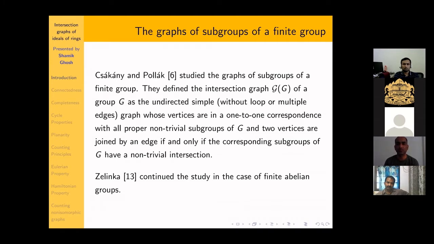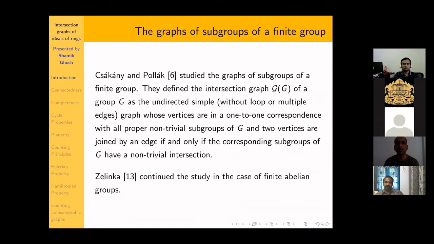So what Csákány and Pollák did was slightly modify the definition. They said that two vertices are joined by an edge if and only if their corresponding subgroups have a non-trivial intersection. That means the intersection contains more than one element, not only the singleton identity. Zelinka later continued the study in the case of finite abelian groups.